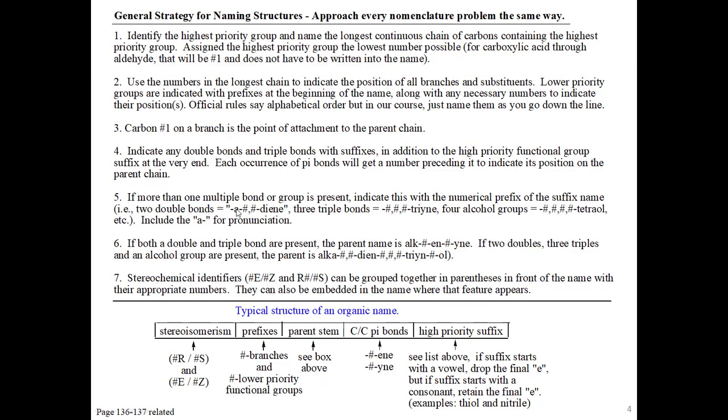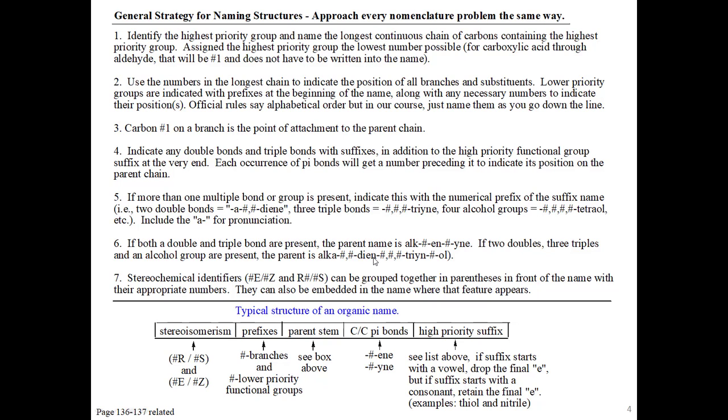So if I say I had a butene with 2 double bonds, butadiene, we wouldn't say that. We would say buta, number, diene. So just remember that little detail. If both double bonds and triple bonds are present, then it's always the order of alkene, yne. Okay? You could even have multiple pi bonds. You could have alka, number, diene.